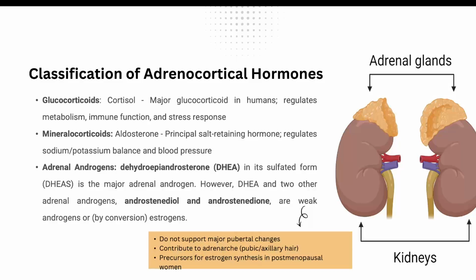For example, glucocorticoid is very important to regulate metabolism in the body. It is very important for normal immunological function, and also for the inflammatory process, and very important for tolerating stress.